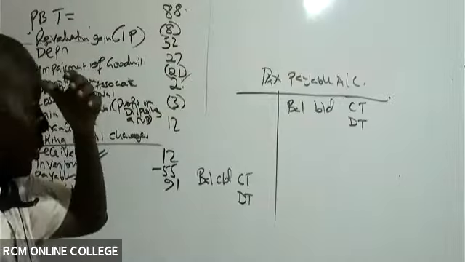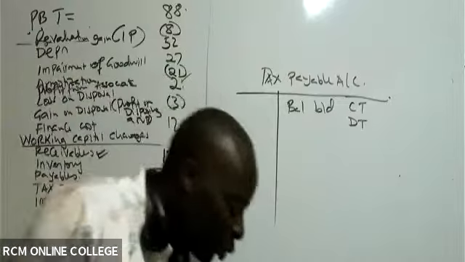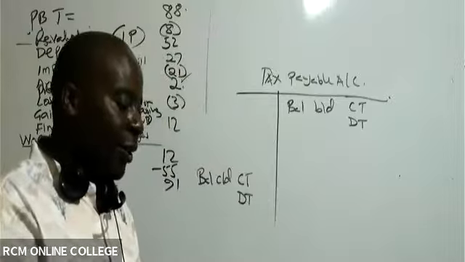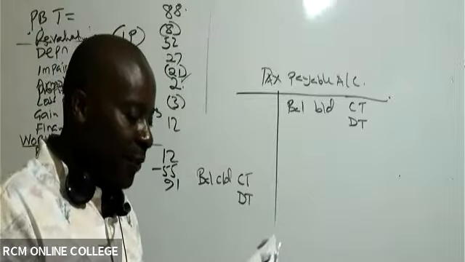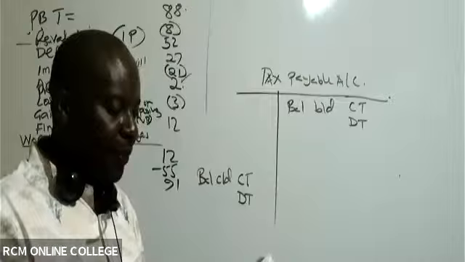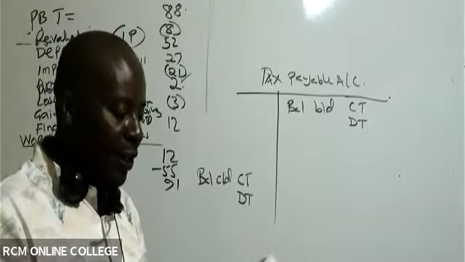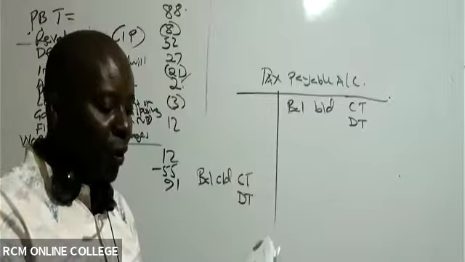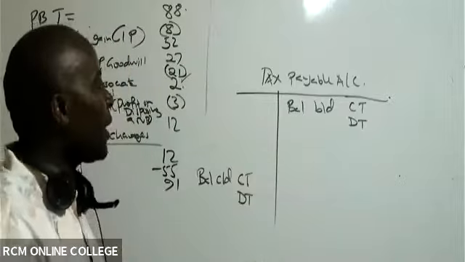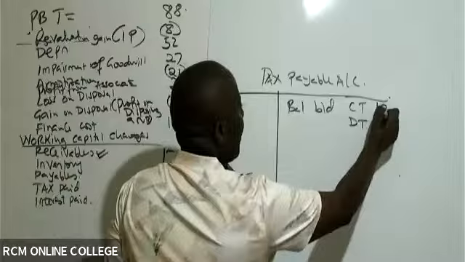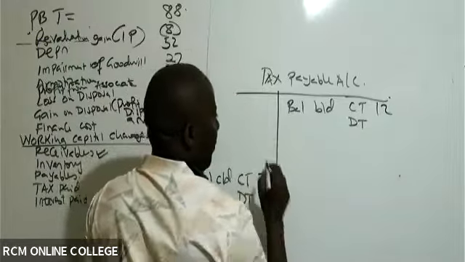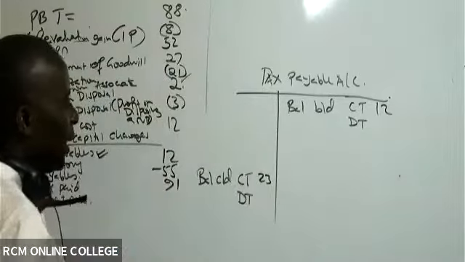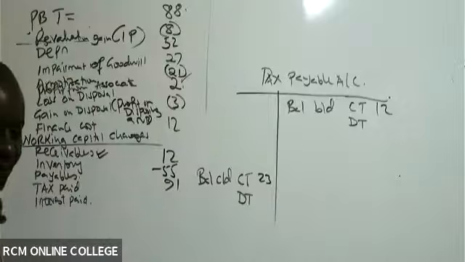So balance brought down, current tax. Please go to your balance sheet. Are you able to see the current tax, you ninjas? Under liabilities, yes, I can see income tax payable. I'm seeing 12 and 23. Brought down is 12, carried down, in this case, is 23.